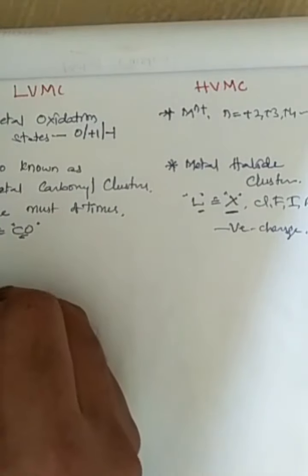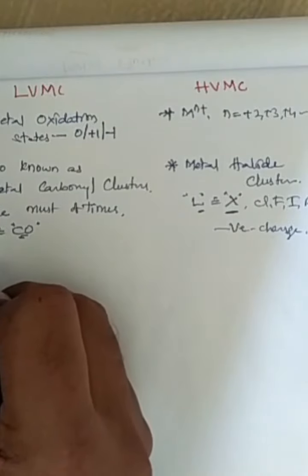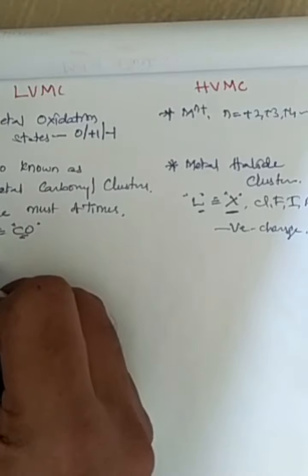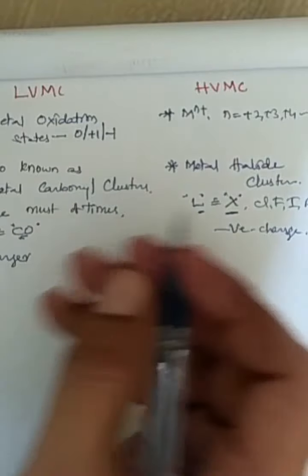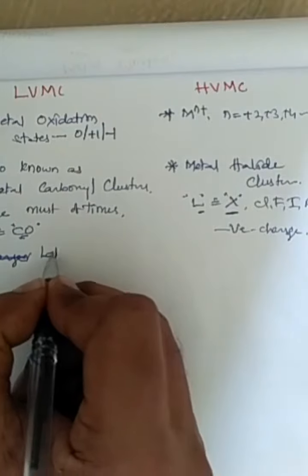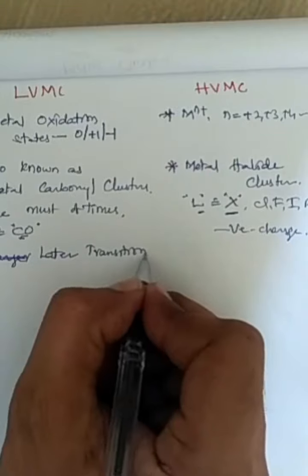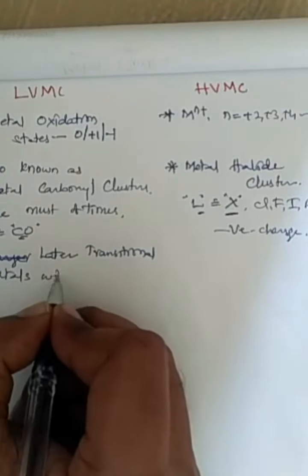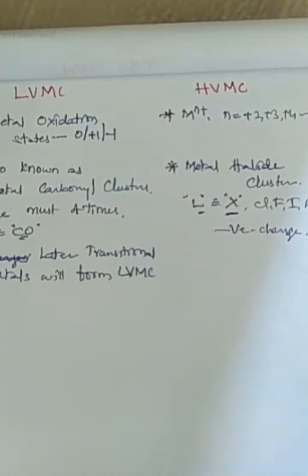And low valence metal clusters will be formed by the larger, or we can say latter transition metals, right?